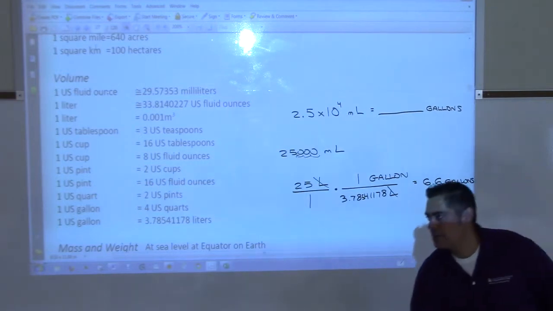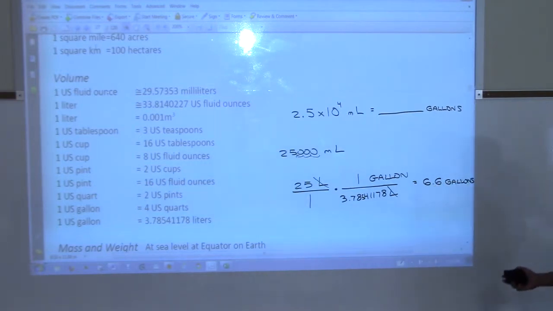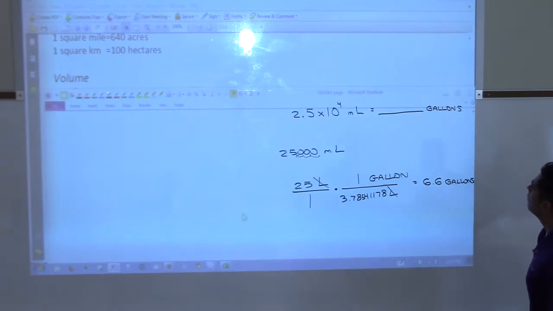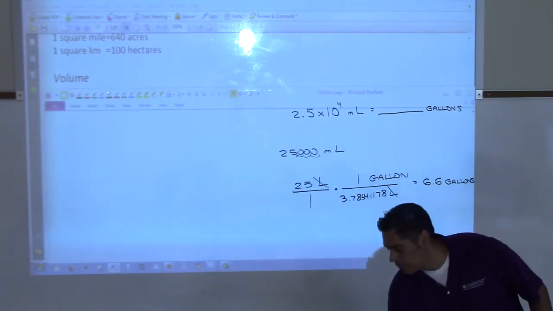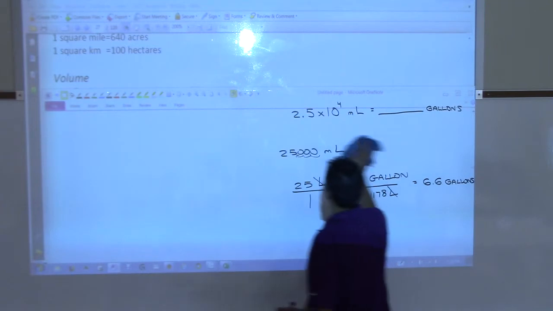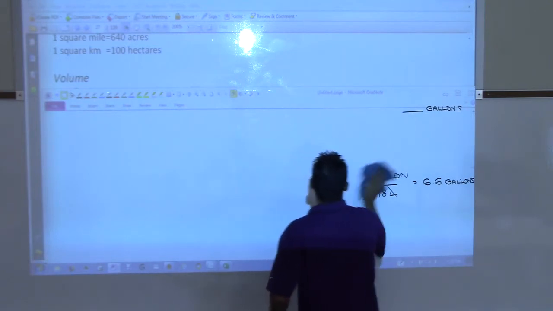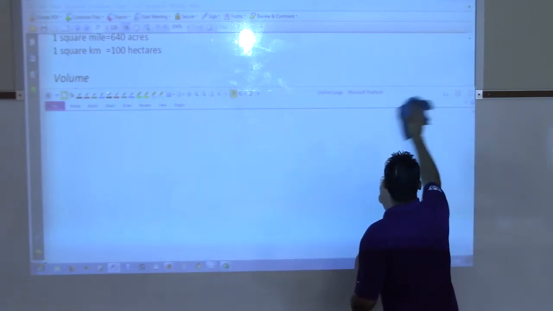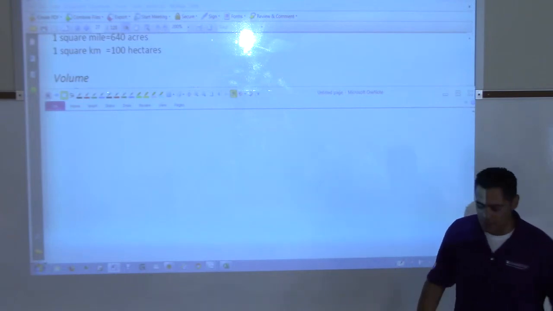Let's do one that has to do with speed, the speed of something. In physics, a lot of things are measured in meters per second.